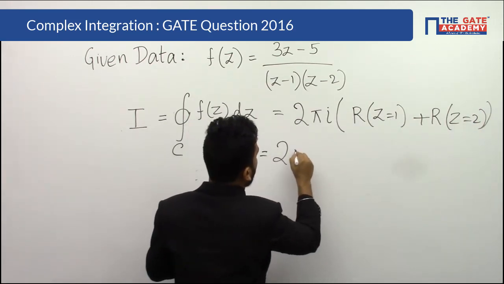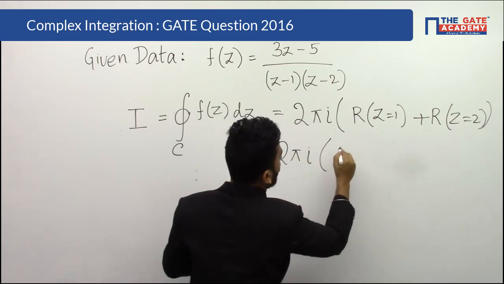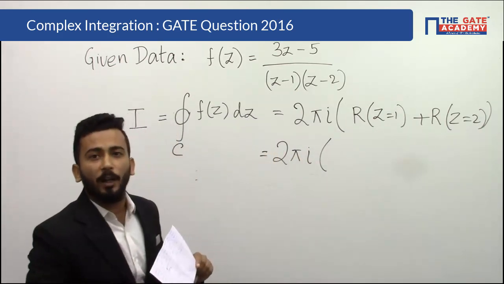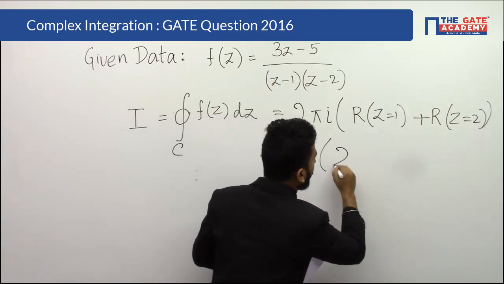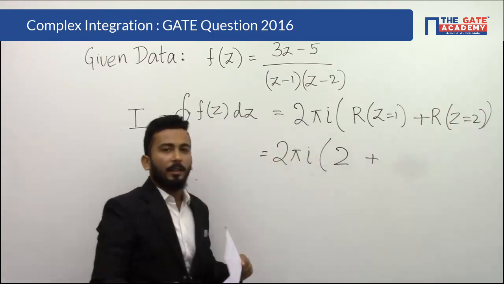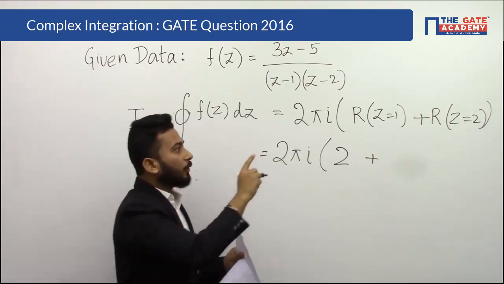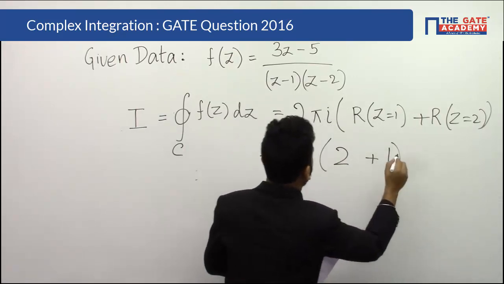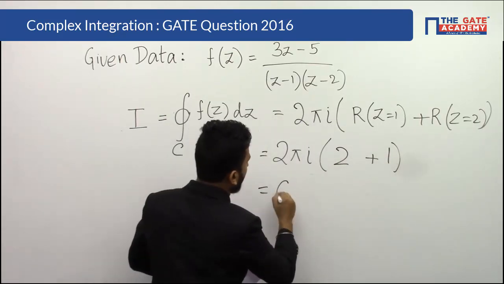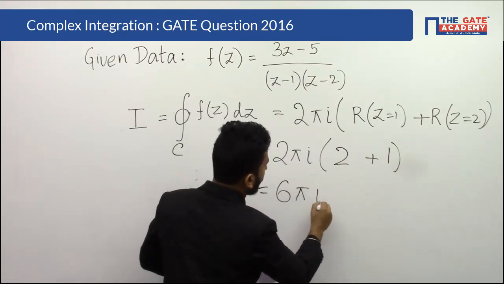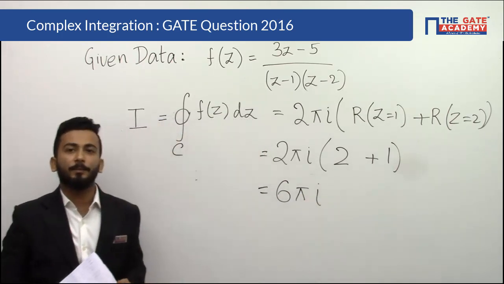So 2 pi i into (the residue at z equal to 1 was 2, plus the residue at z equal to 2 was 1). It will come out to be 6 pi i.